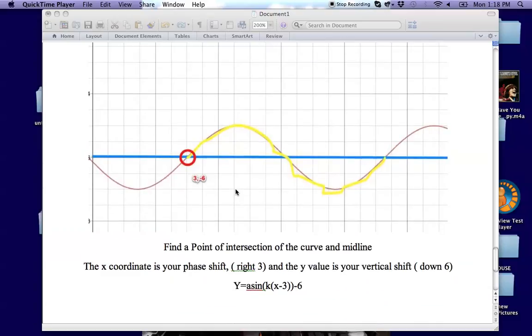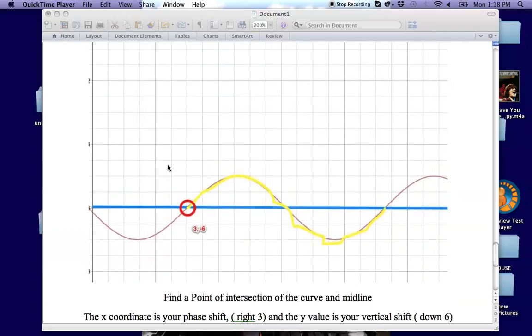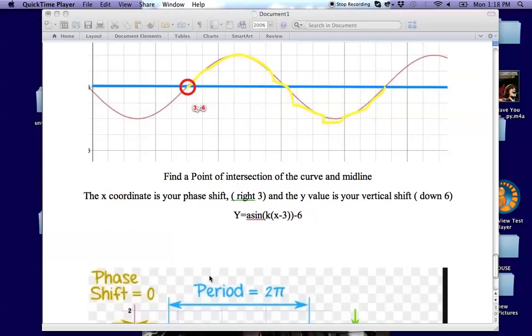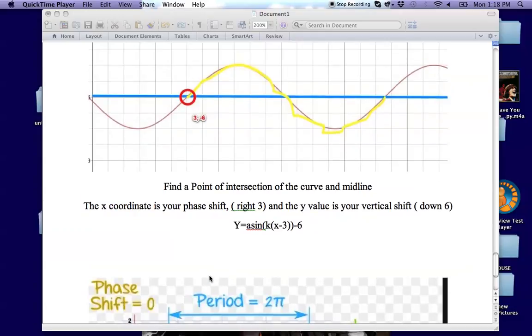Then I want you to name that point of intersection. We can tell by the scale that halfway in between 2 and 4 is 3, and this is 2, 4, 6, so this is the point 3, negative 6. Finding that point is going to help you with the phase shift and the vertical shift.